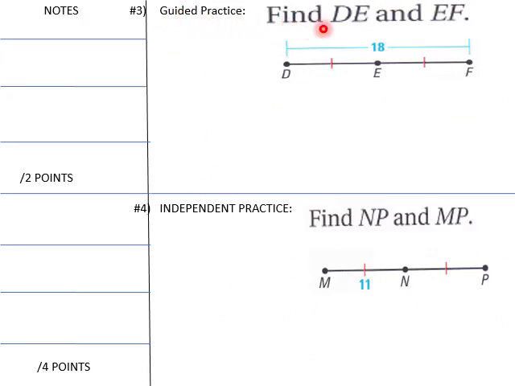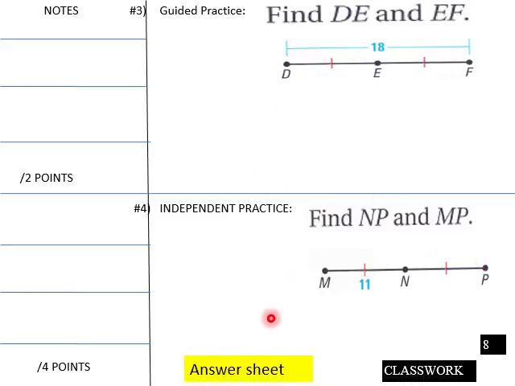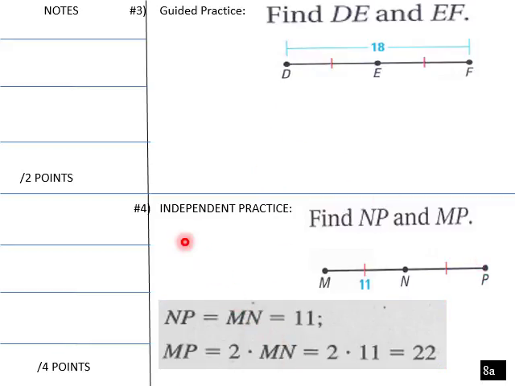Guided practice, find DE and EF. We know the full length here, so what would DE and EF be? And down here in your independent practice, NP and MP, we know MN. So what's the full length here, and then what would this be as well? So here is your independent.